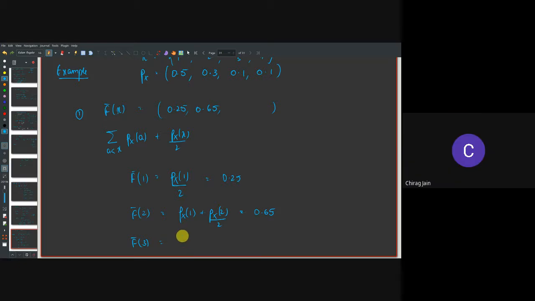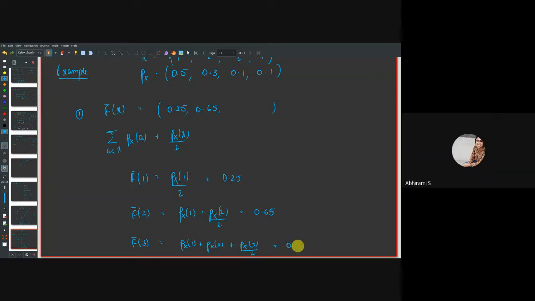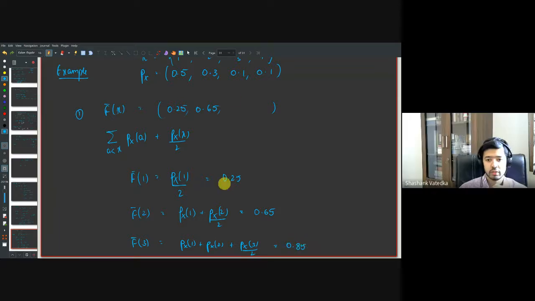It's p x of 1 plus p x of 2 plus p x of 3 by 2. Right, you sum over all symbols less than x, which is 0.8 in this case, 1 and 2, plus p x of 3 by 2. 0.85.